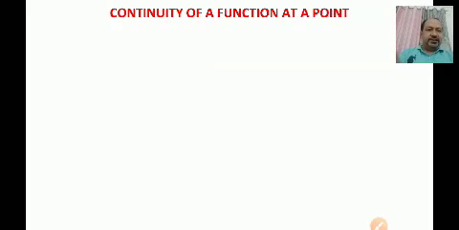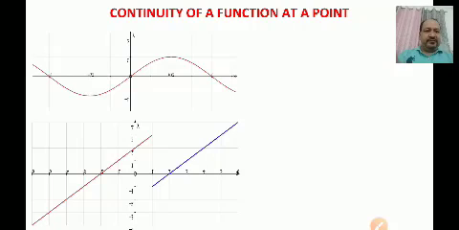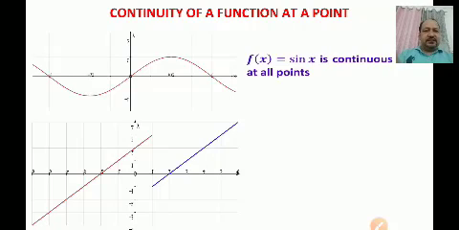Continuity of a function at a point. Let us see both graphs. f of x equal to sin x is continuous at all points, as the graph is going continuously without a break.